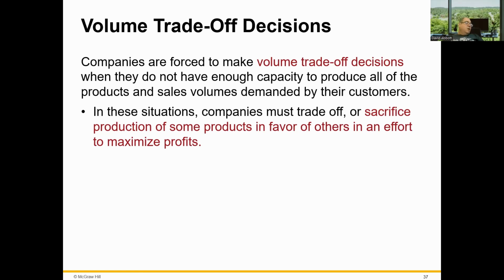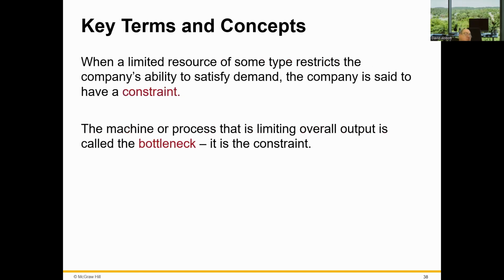So again, a production process can be thought of as a chain. Each link in the chain represents a step in the process. A chain is only as strong as its weakest link.